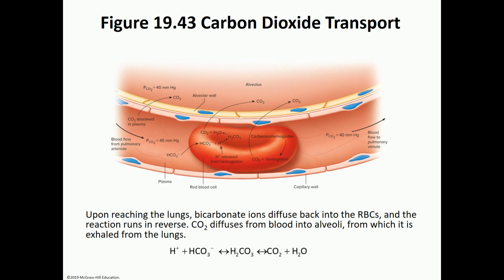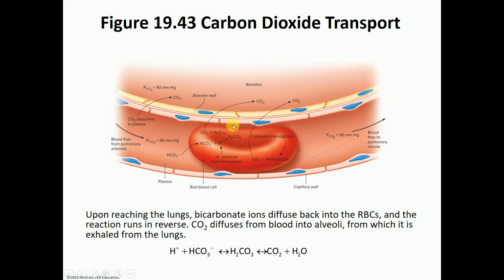Now what happens when that red blood cell reaches the alveolus? Well, the carbon dioxide that was dissolved in plasma obviously has no problem. It can just diffuse into the alveolus and then get exhaled. The carbon dioxide that was carried as carbaminohemoglobin will break down into hemoglobin and carbon dioxide, and again, carbon dioxide diffuses.